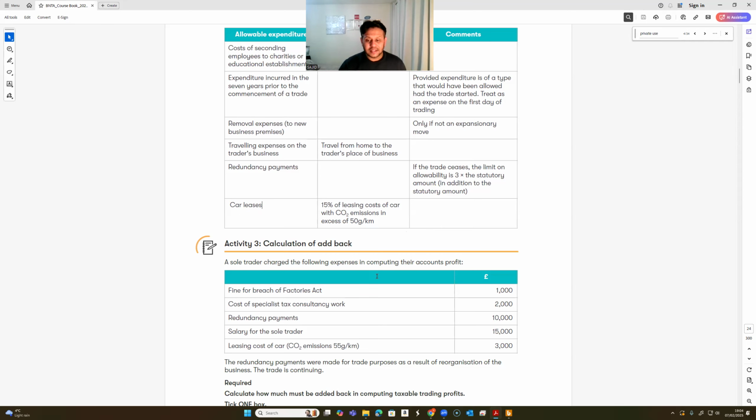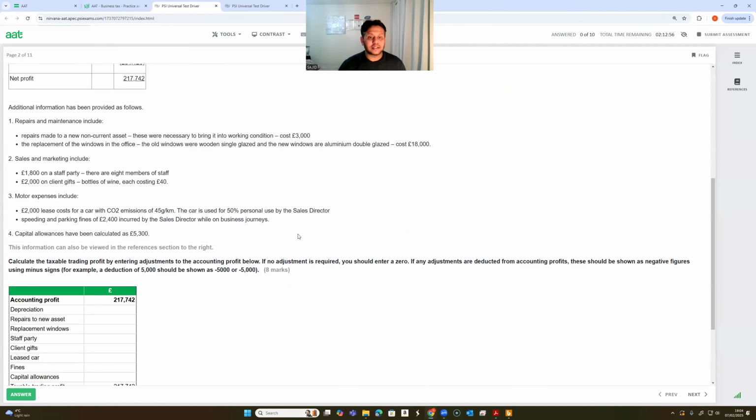So regardless, whether it is a sales director or used by the personnel, 50% regardless. Remember that when you talk about the company, we never restrict the allowance. When you do the capital allowance, you're going to look at it in detail. We never make a restriction for the allowance for the company.